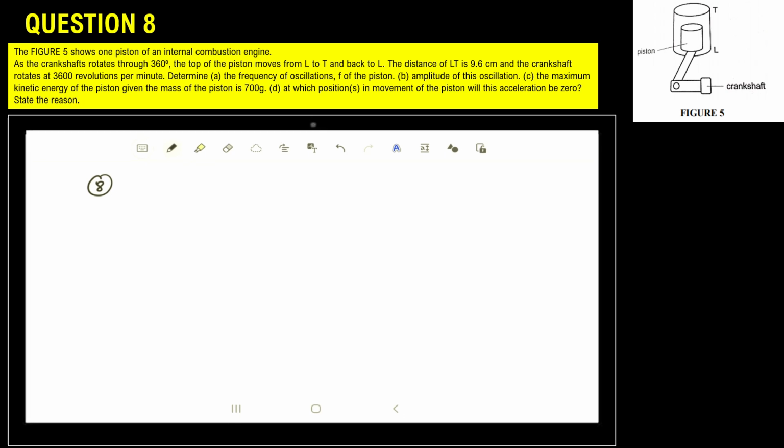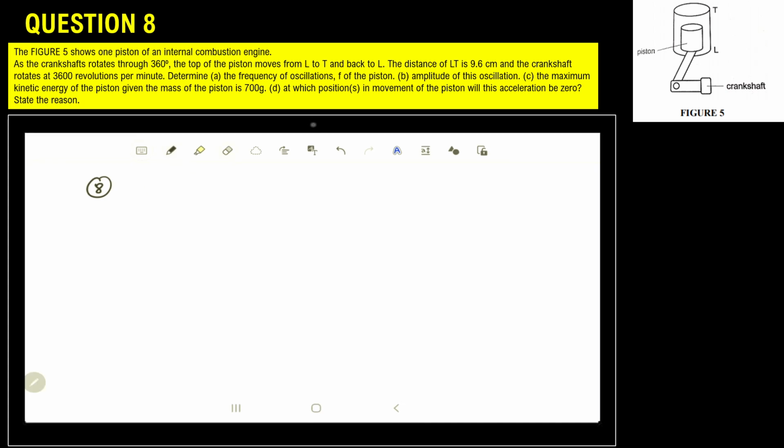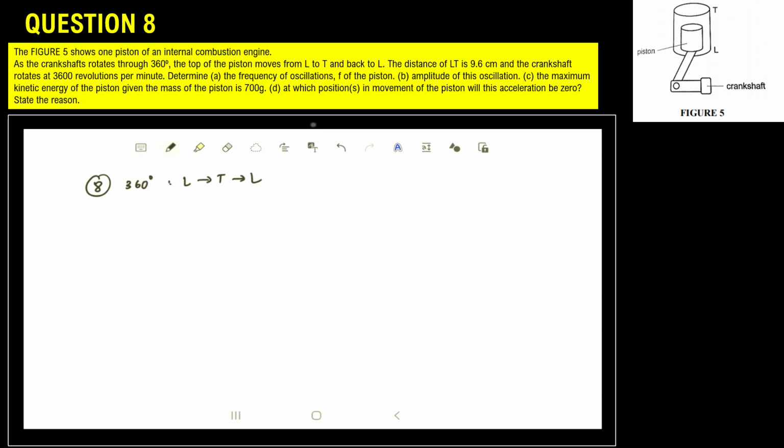As the crankshaft rotates through 360 degrees, the top of the piston moves from L to T and back to L. That means for one complete revolution, 360 degrees, the piston moves from L to T and back to L. So let's say this is the starting point, 0 degree, this is 180 degree, and this is 360 degree.